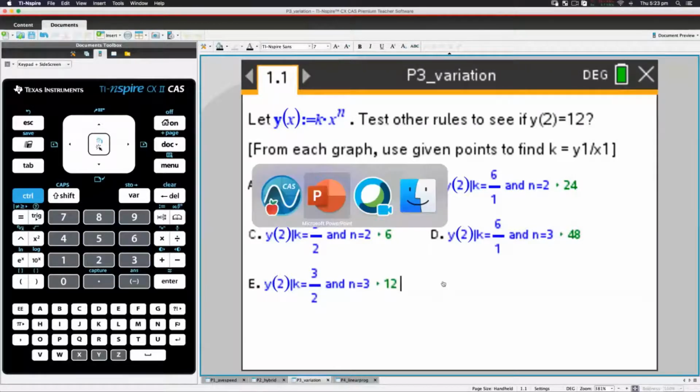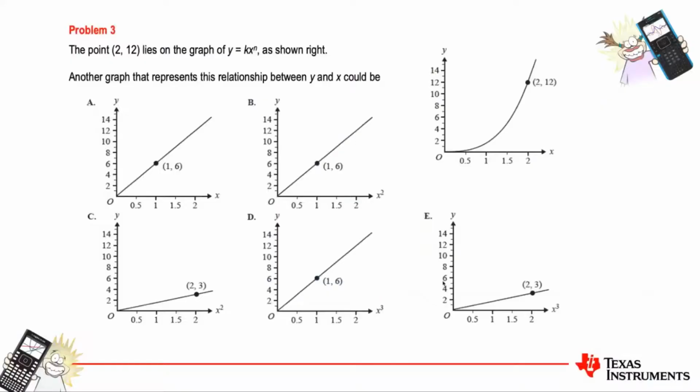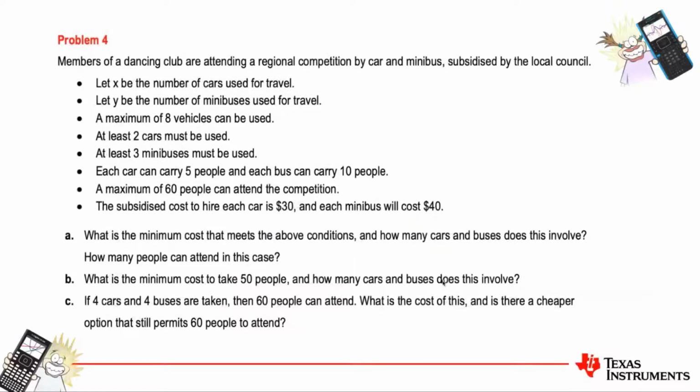And let's finish with problem 4, which is a linear programming problem. And I haven't got time in the half hour to go through all the details, but essentially in the dot points there, people are attending a regional competition and have to hire cars and minibuses.